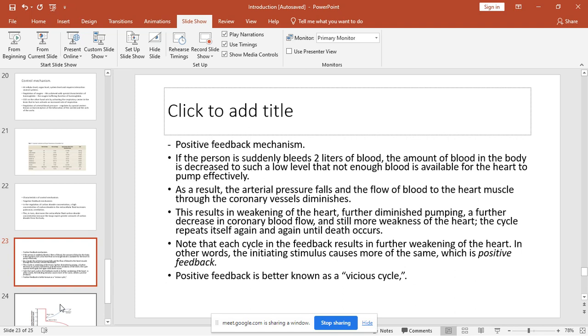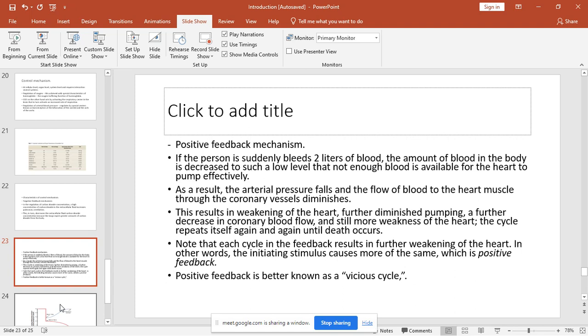However, in a normal person, an ideal 70 kg man, if you lose about 2 liters of your 5 liters, your blood pressure is going to fall, and as it falls, there will be reduced perfusion reaching your coronary vessels. If you've got reduced perfusion to your heart, there will be reduced contractility.